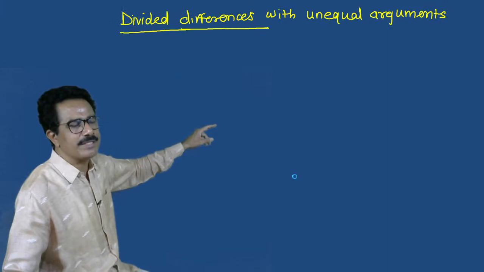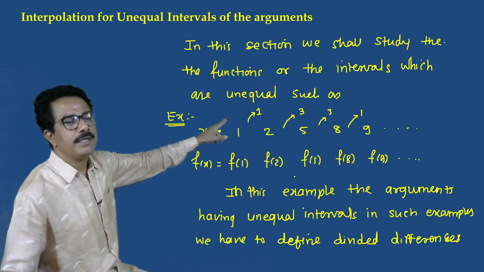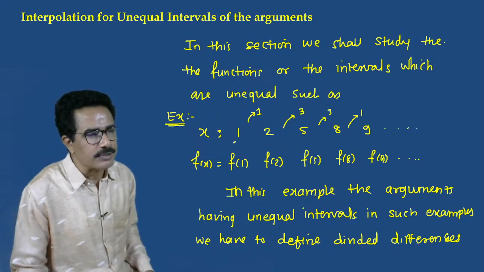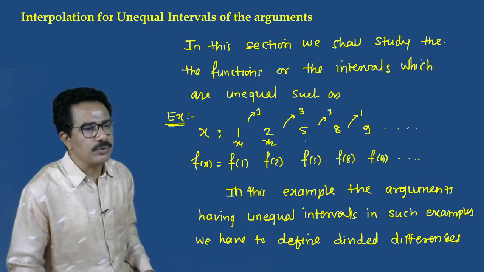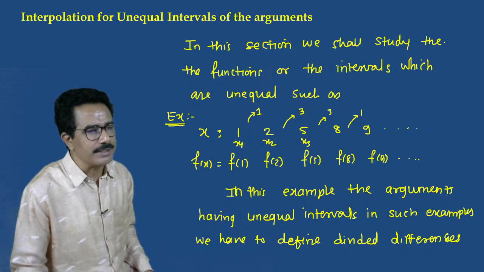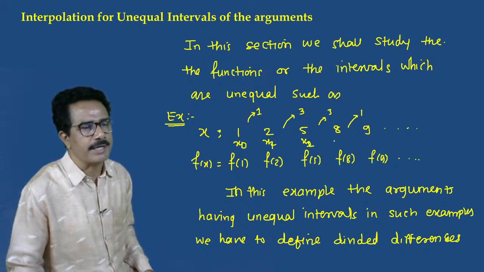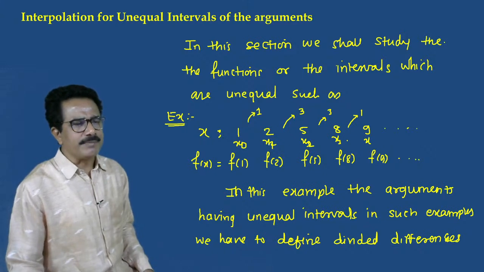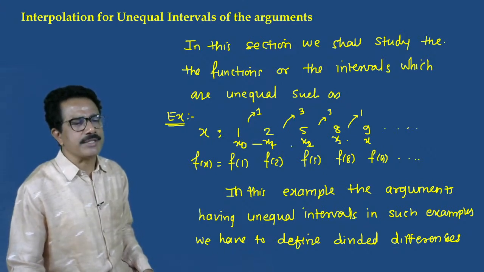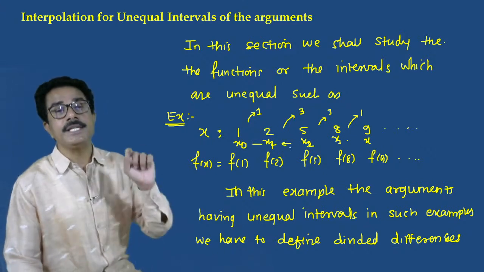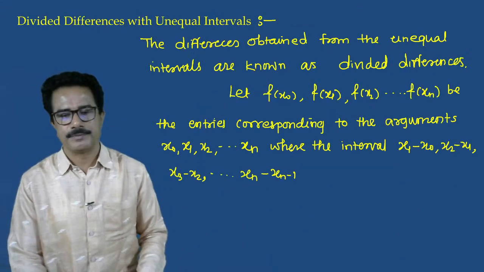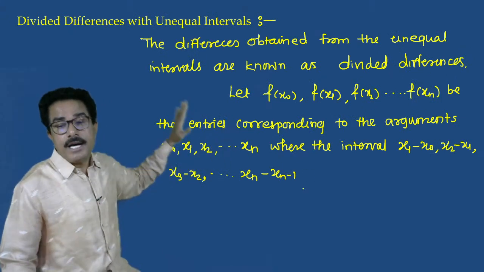That means differences between the values of x0, x1, x2, x3, x4. Then x1 minus x0, x2 minus x1, these are the differences in between the arguments.